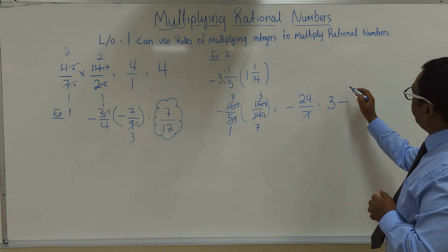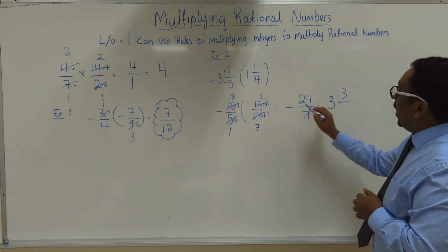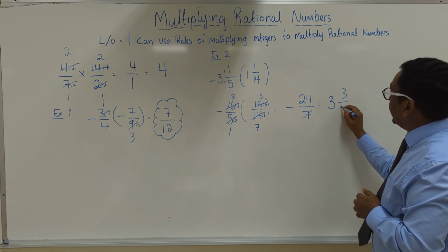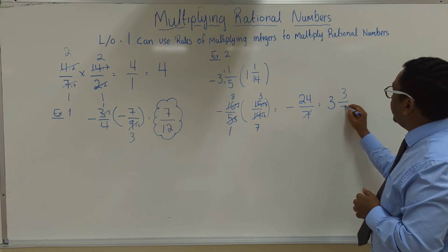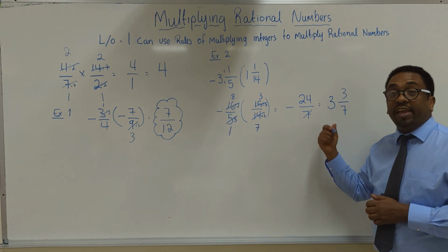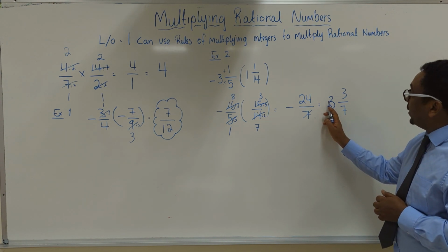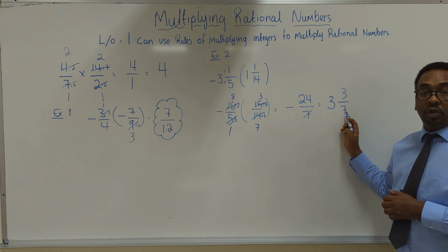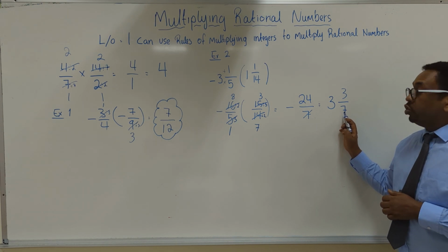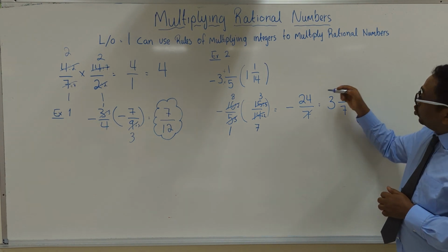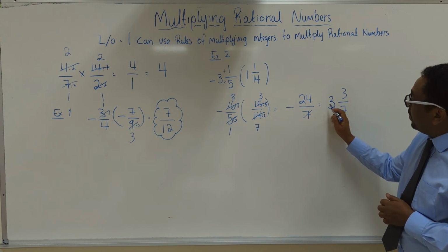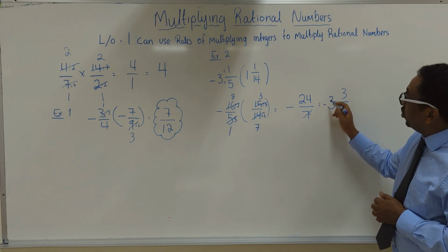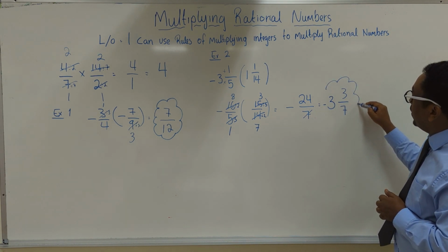It's 3. So we put the remainder on top, and the denominator stays the same, so we write down denominator 7. To check if our answer is correct, we say 3 times 7, 21. 21 plus 3, 24. Remember the negative will come here. So this will be our final answer.